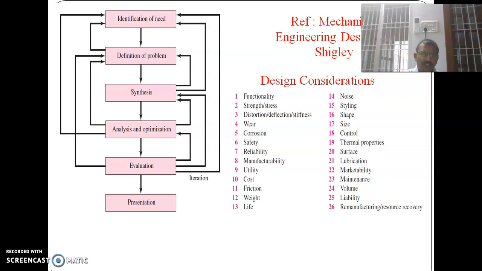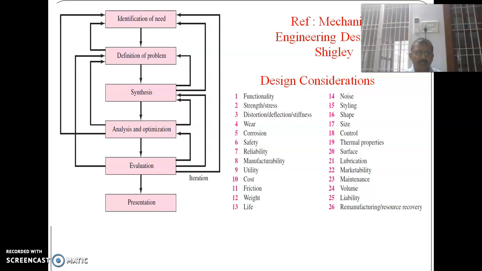For the analysis part, several computer softwares are available: ANSYS, IDEAS, CATIA, for making the engineering analysis. Finite element analysis and finite volume analysis can be done with these softwares.